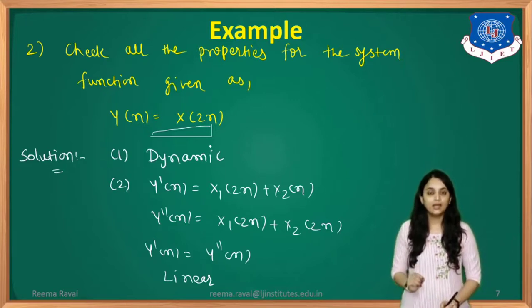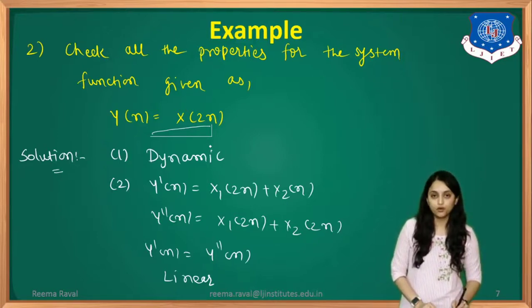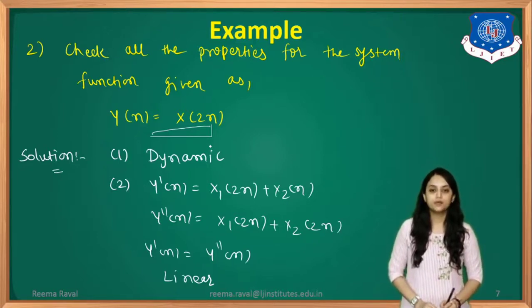That means for n equals 2, I need to check the value x of 4. That means it does not depend on the present value of n. For the present value n equals 2, I need the future value n equals 4, which makes the system dynamic. So this system is not static, it is a dynamic system.